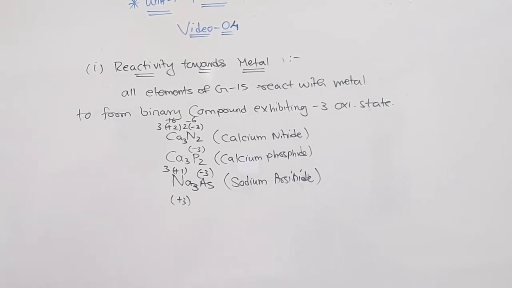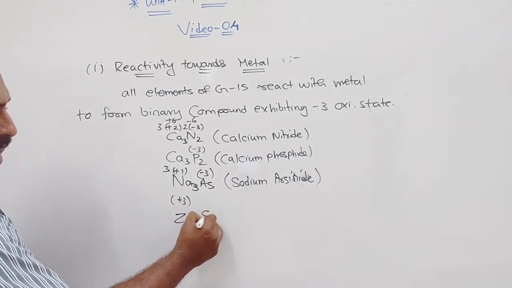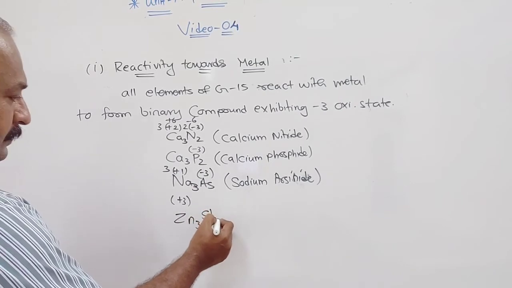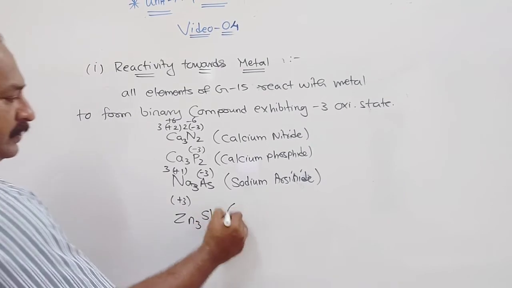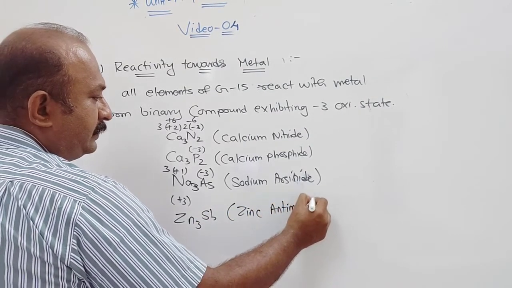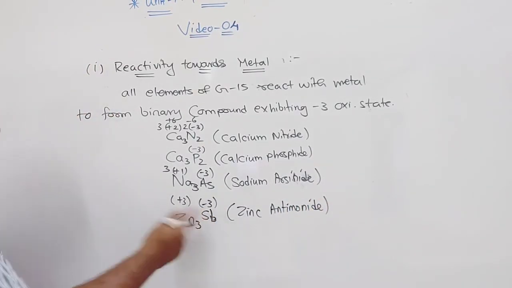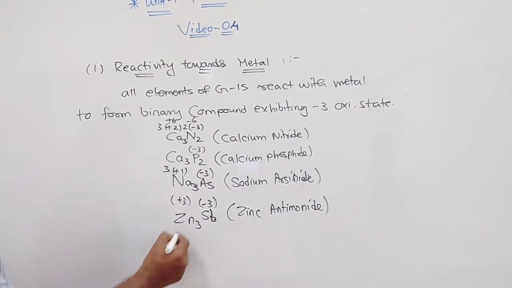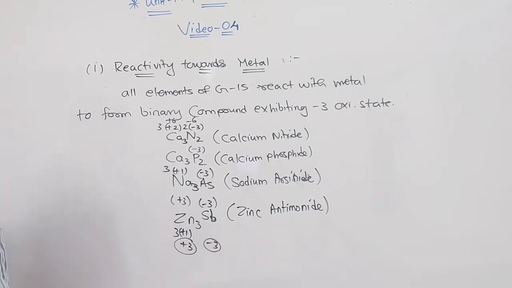In the same way there is zinc antimonide, Zn3Sb2. In this case antimony has -3 oxidation state. Zinc is +2 into 3 and antimony -3 into 2, so the total oxidation state is 0.